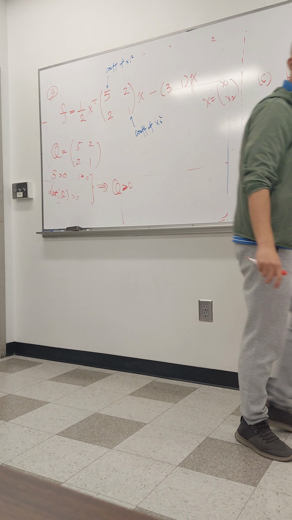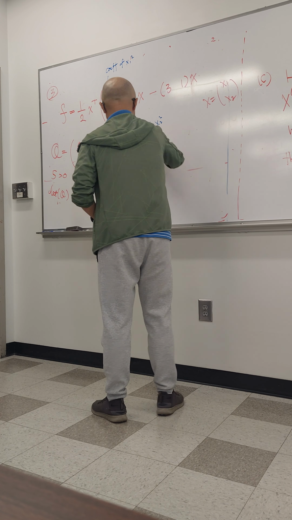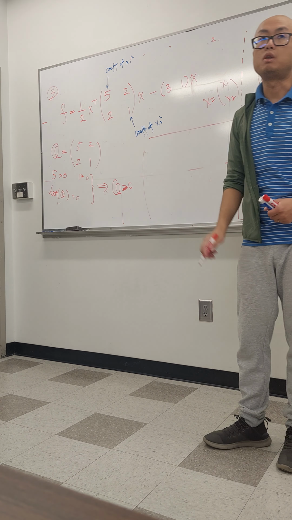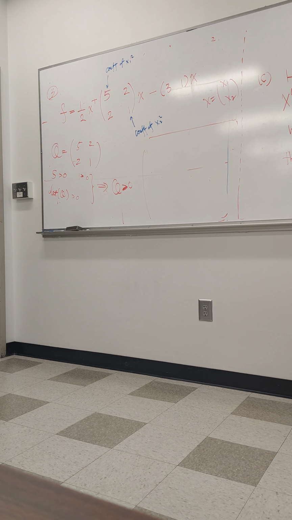Now if we look at the second problem, that is to find the minimizer of f using the conjugate gradient algorithm by hand with the initial guess x0 equals 0, 0. I won't perform it here, but the expectation is this. Remember, conjugate gradient searches for the minimizer in a subspace.